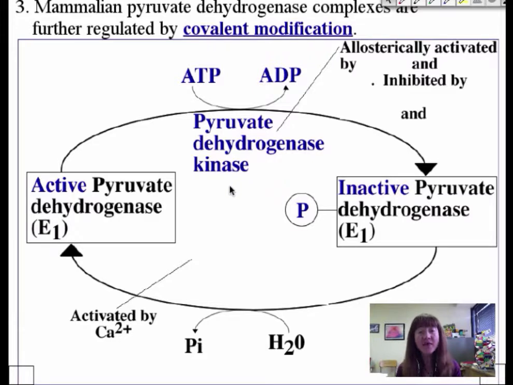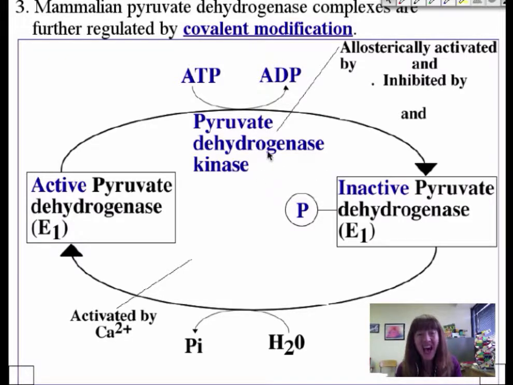So to think that through, remember how we said that products of the transition step are going to downregulate the enzymes E1, E2, E3, right? The products are going to downregulate. And so this, in this case, will be enacted through the kinase. So if we have accumulating products, we know that's going to downregulate or inactivate the pyruvate dehydrogenase E1.